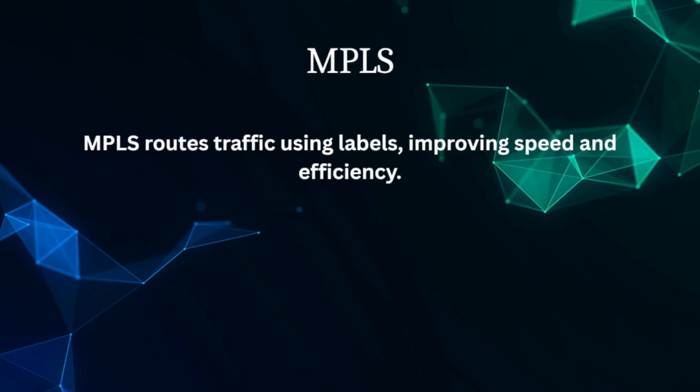MPLS, Multi-Protocol Label Switching, a routing technique in telecommunication networks that directs data from one node to the next based on short path labels. MPLS speeds up network traffic by avoiding complex lookups in routing tables, improving efficiency and performance.